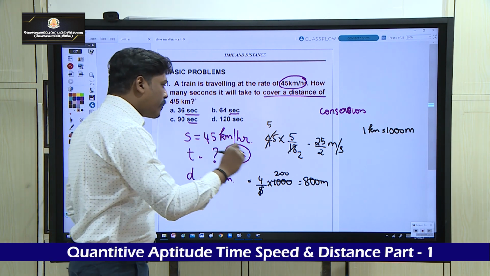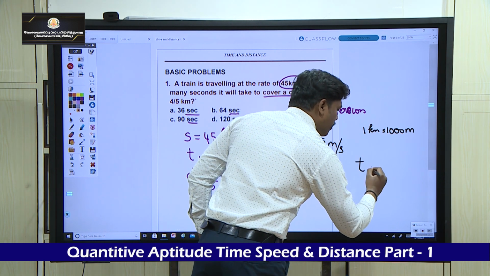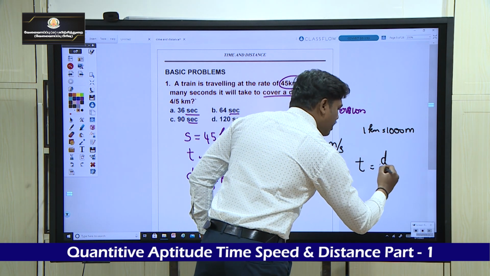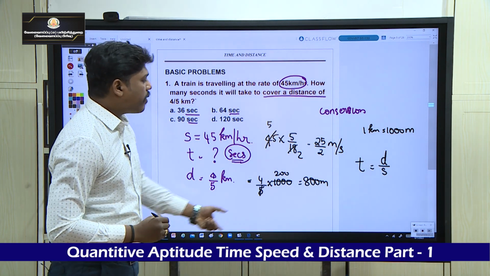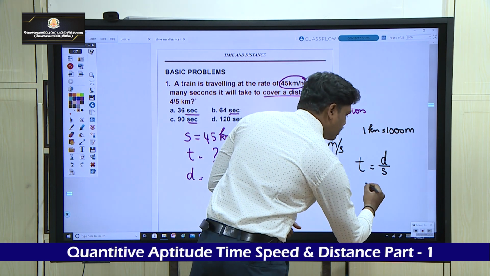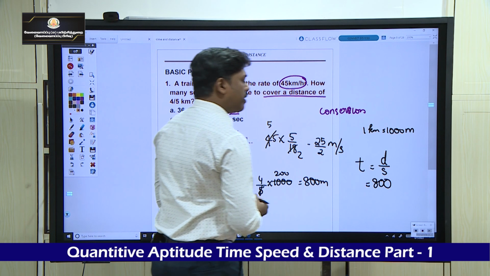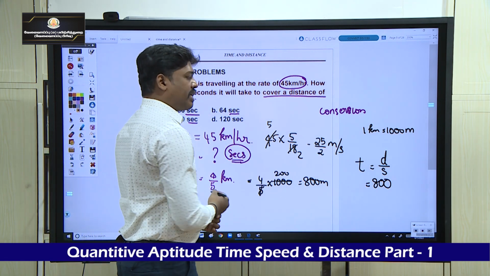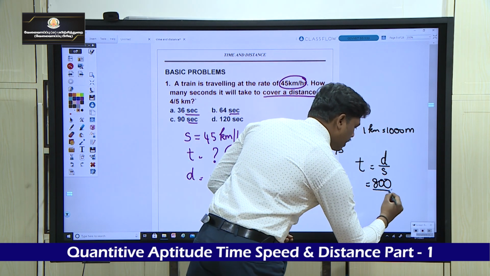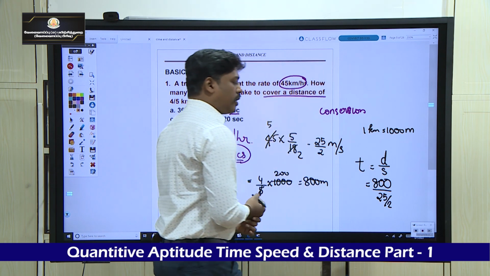So next substitute in the formula. How to find time taken? Time is equal to distance by speed. Okay. So what is distance here? Distance is 800 meter. And what about speed? Speed is 25 by 2 meter per second. So what happens to the 2?